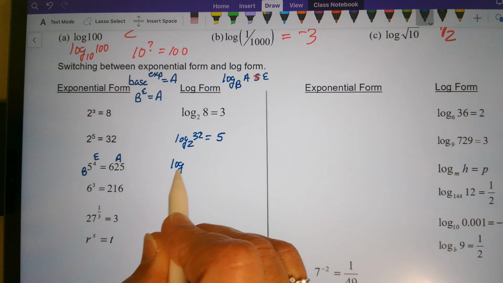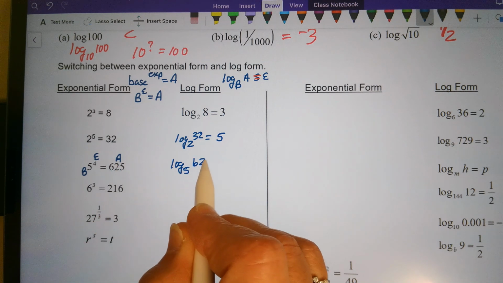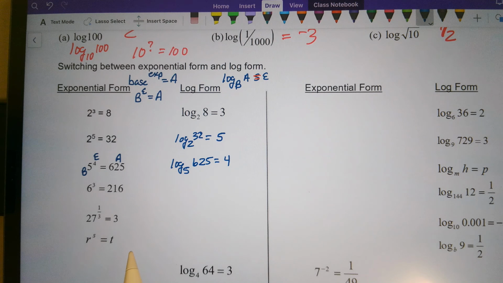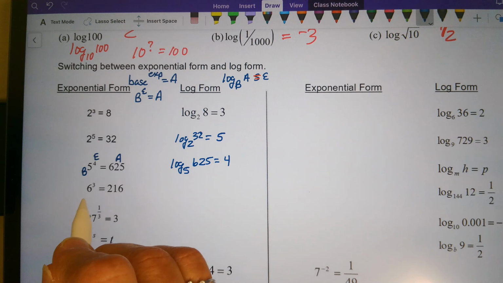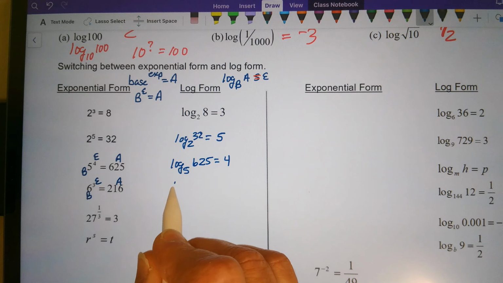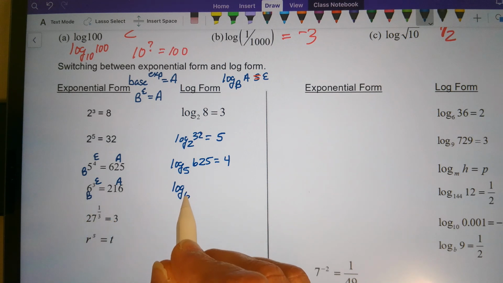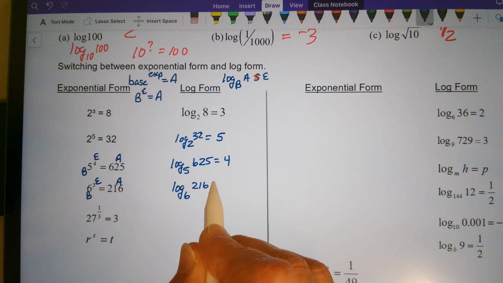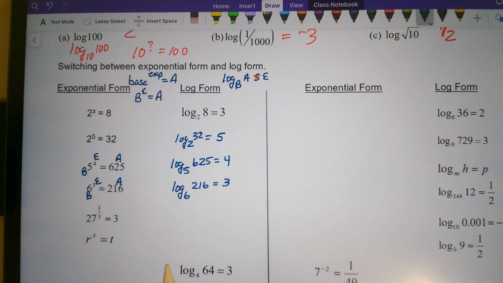So log base 5 of the answer 625 equals the exponent 4. 6 to the power of 3 equals 216. 6 is our base, 3 is our exponent, 216 is our answer. Log base 6 of 216 equals the exponent 3. 27 to the 1/3 equals 3. Our base is 27, so log base 27 of our answer 3 equals the exponent 1/3.